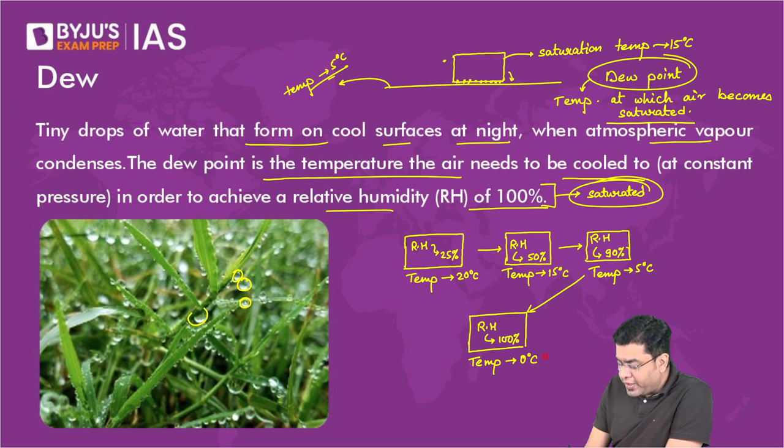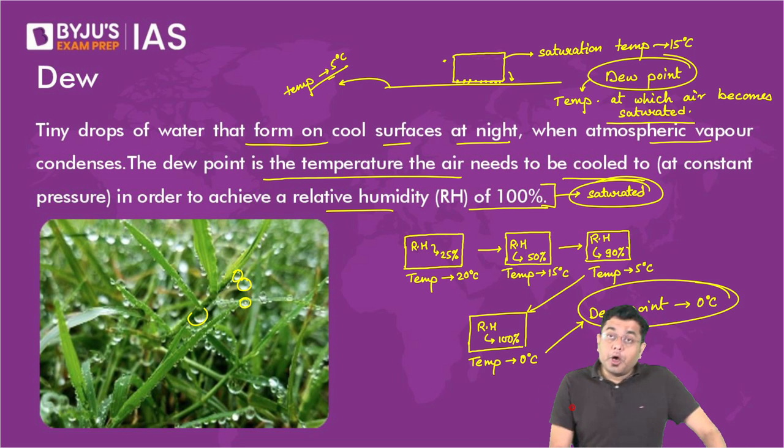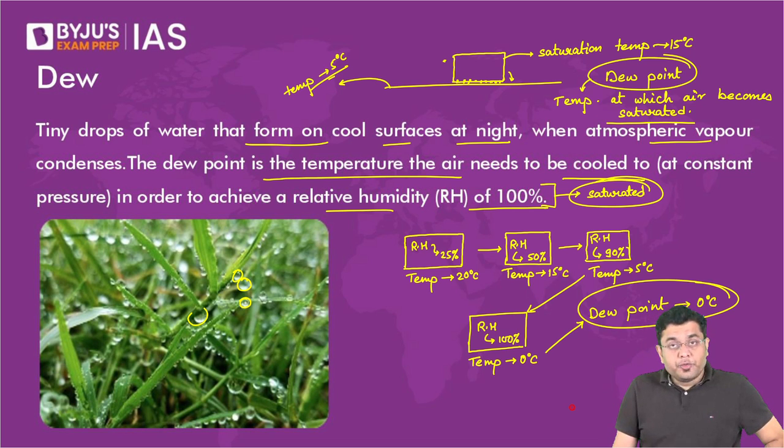Here, dew point is 0 degrees Celsius. But here condensation will not happen yet, saturation will happen. So the air is saturated at this point, and that is where we have the dew point.